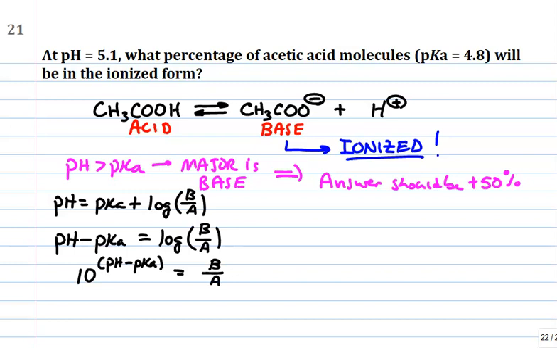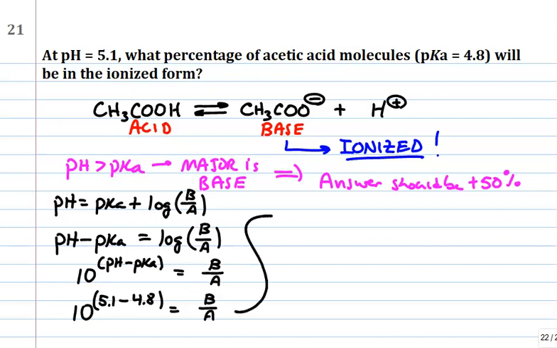All right, there we go. Now we've got this information, so 10 to the 5.1 minus 4.8 equals the ratio of B over A. All we did here was take the anti-log of both sides. And of course, if you take the anti-log of the log, then it just goes away.